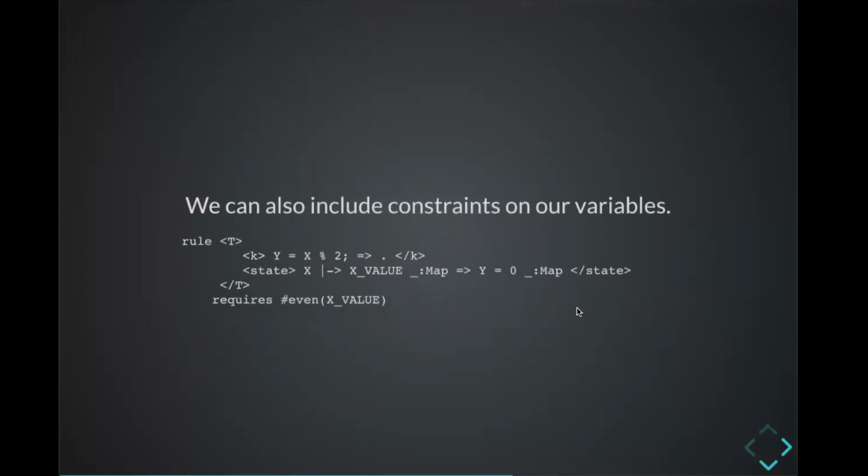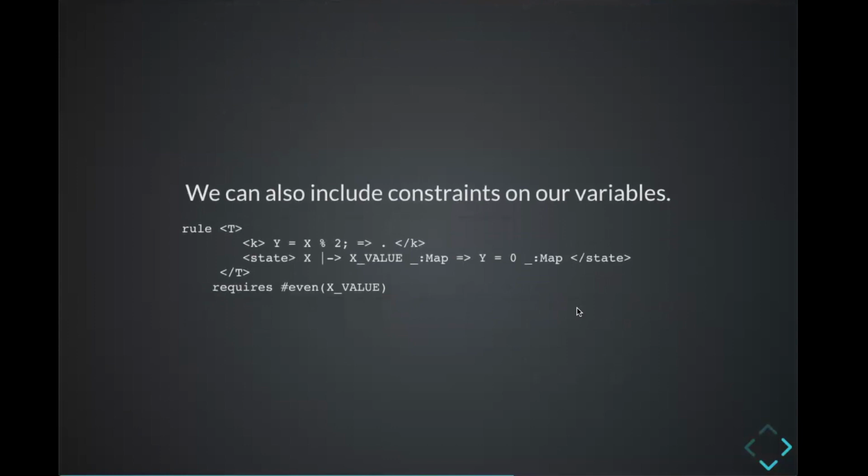We can also include constraints on our variables. So consider this other very simple IMP program: y = x mod 2. What do we want to prove happens after this program is executed?